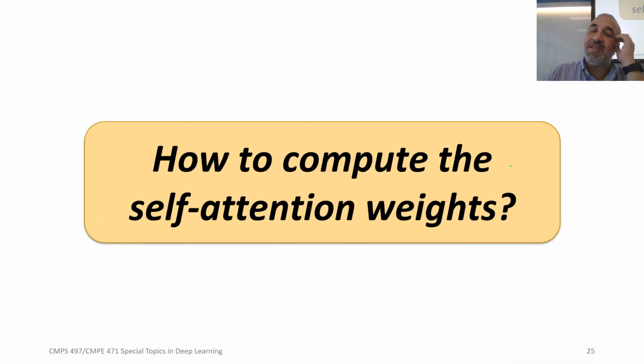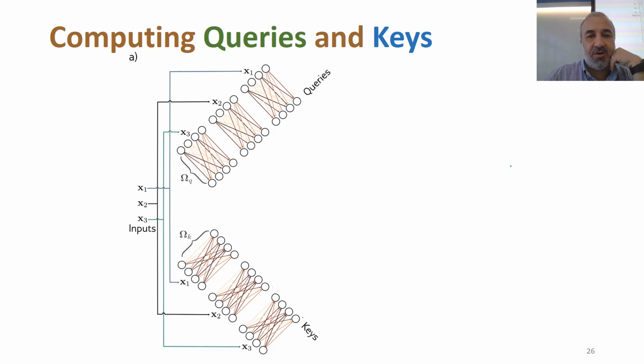Now the main question is how to compute the self-attention weights. We didn't say how we get these weights, just 0.3, 0.1, 0.6. How did we get these weights? In 1 minute I will just tell you the first few steps of doing that, and then inshallah we'll continue next time. The first step of computing the weights is that we generate from the inputs what we call queries and keys.